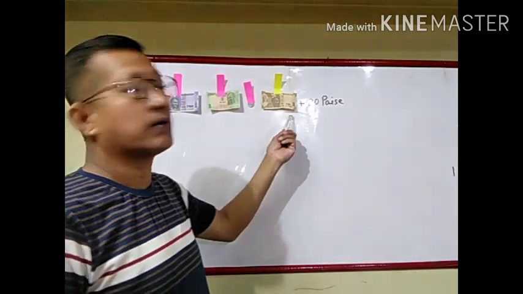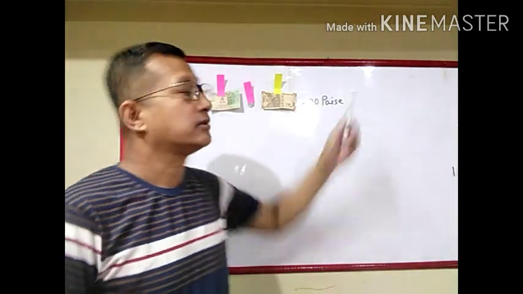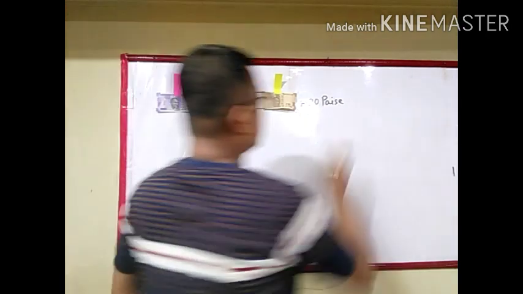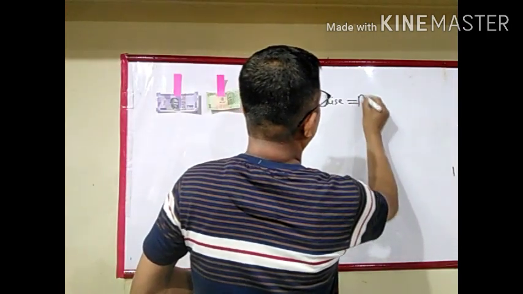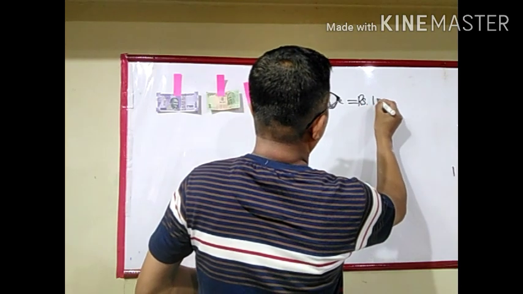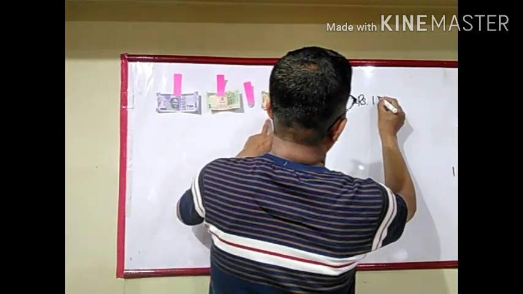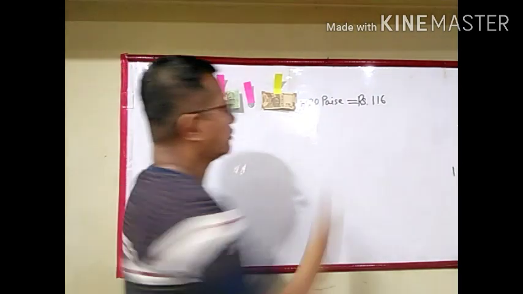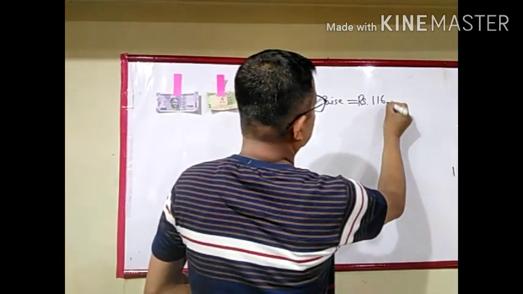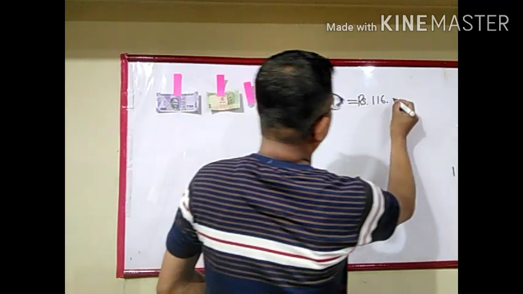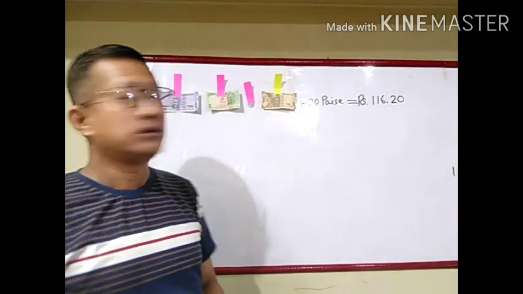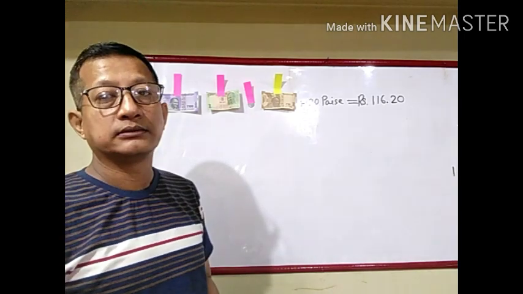Rupees is 116 rupees and pies is 20 pies. So how can you write this one? Total rupees is 116 rupees. And for writing the pies you have to give here a decimal point, and how many pies here? 20 pies. Clear? So this way we will write.